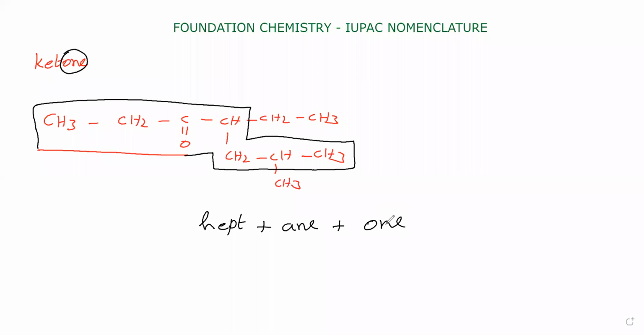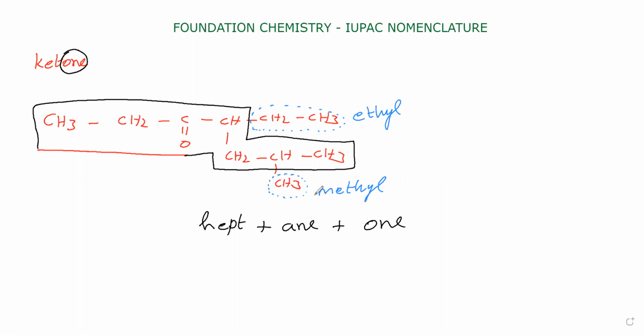Then we will go for the prefix. Which is the prefix? This is the branch, and this branch comes as prefix. This branch name is methyl. The next branch is this one, and this branch name is ethyl.